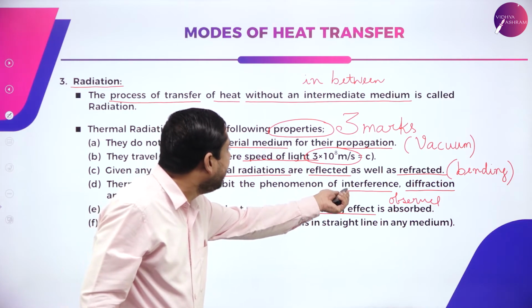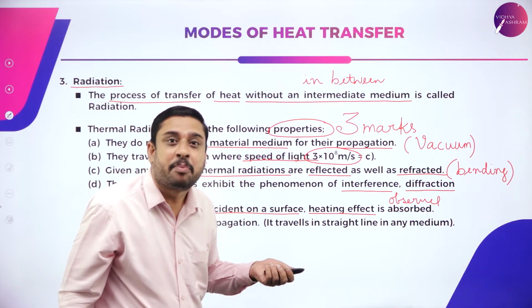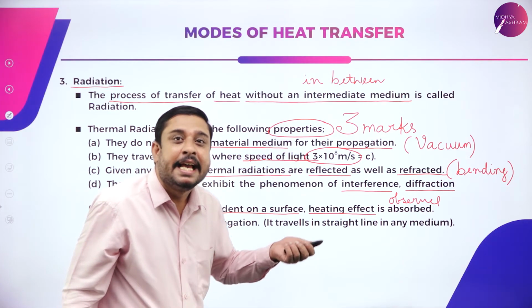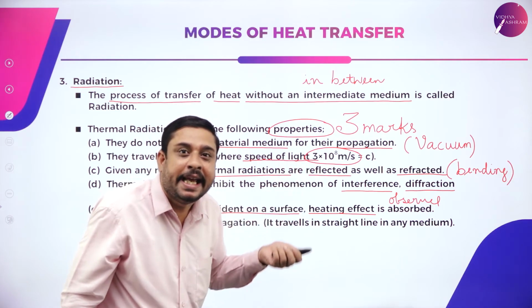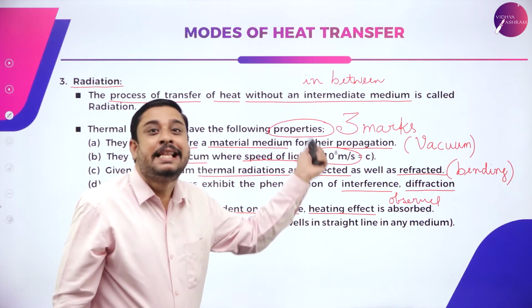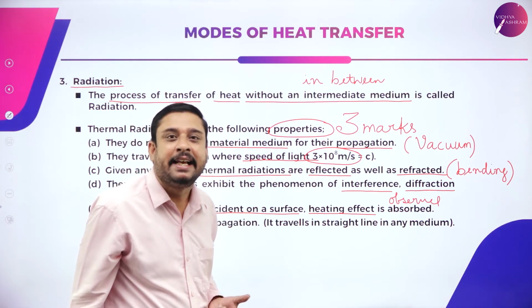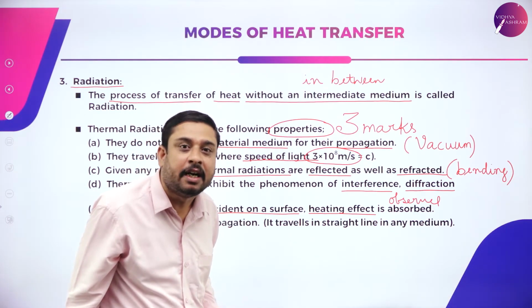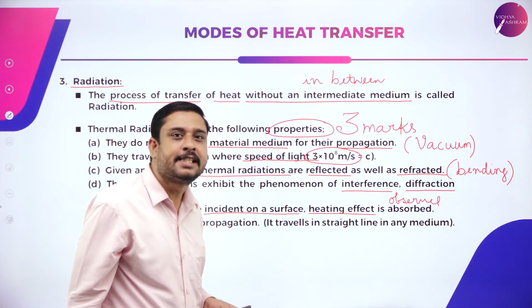That we call the heating effect. Thermal radiations heat the surface of the medium on which they are incident. So heating effect is observed when radiations fall on the surface.